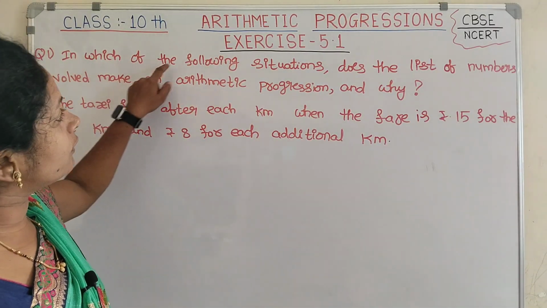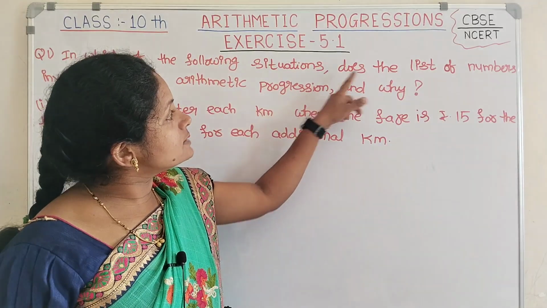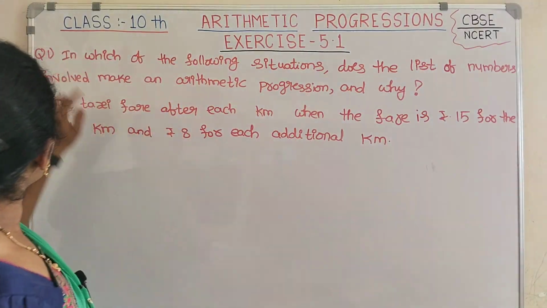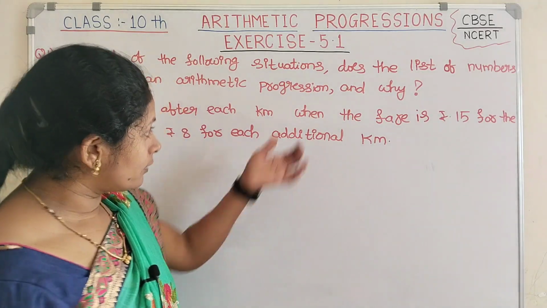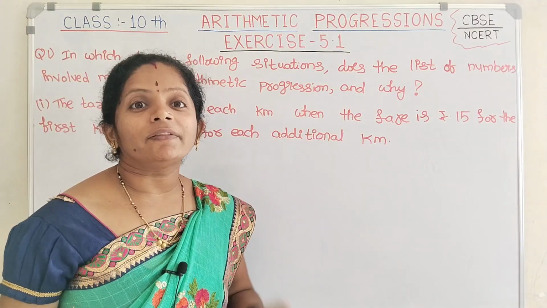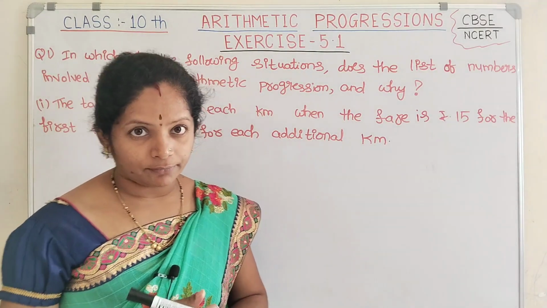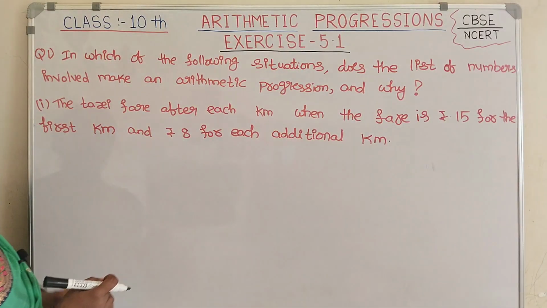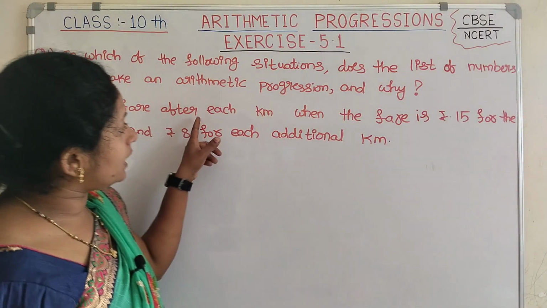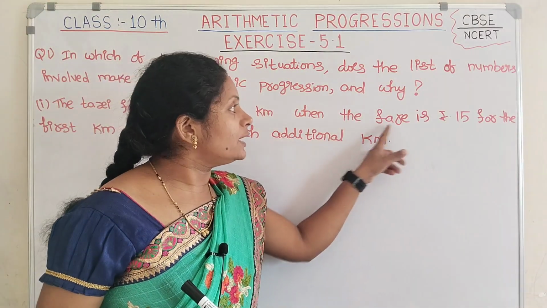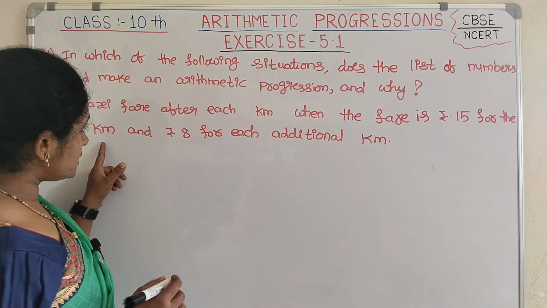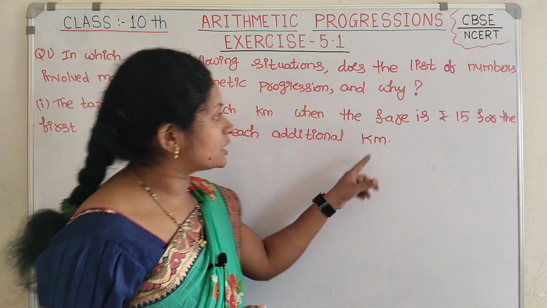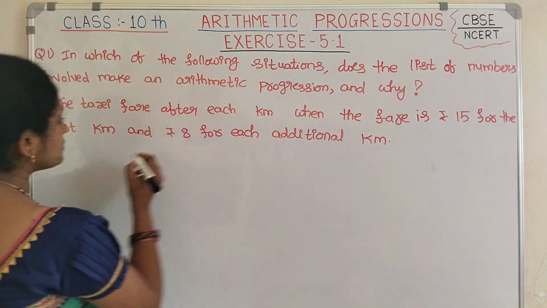In which of the following situations does the list of numbers involved make an arithmetic progression and why? We have to check for the given situations whether it follows AP or not. In that, first is given as the taxi fare after each kilometer when the fare is rupees 15 for the first kilometer and 8 for each additional kilometer.